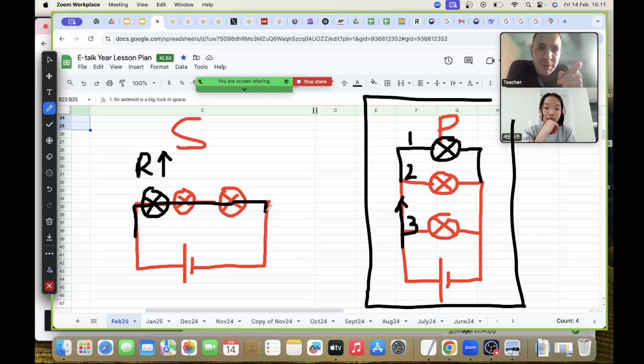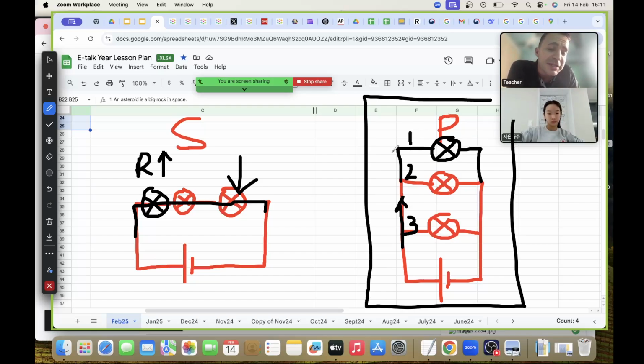If you remember the disadvantage of the series, if one of them goes out, all of them go out. But here there are three paths. So by adding a resistor in parallel, you are not increasing the resistance of the circuit. And because you are not increasing the resistance of the circuit, the brightness will stay the same.